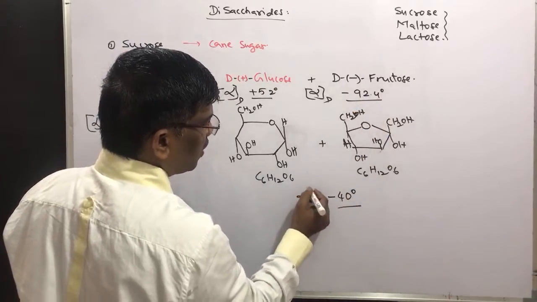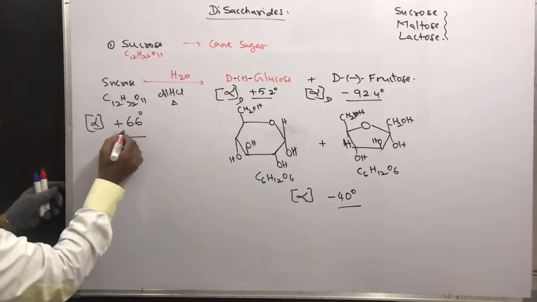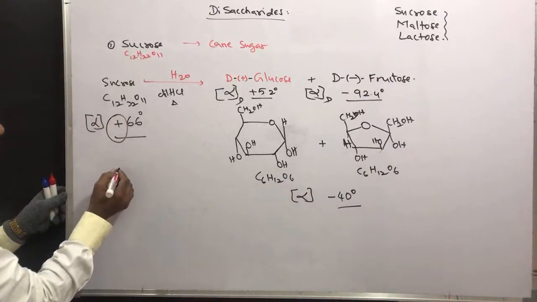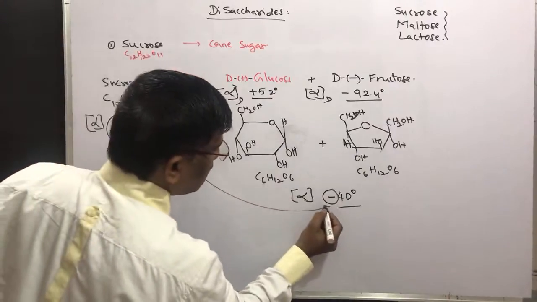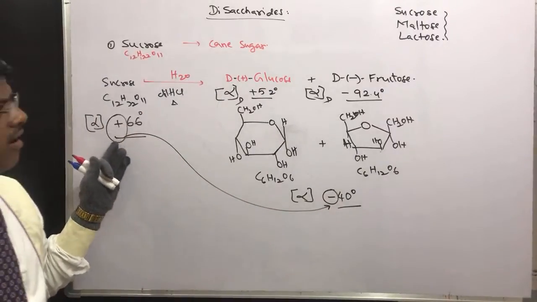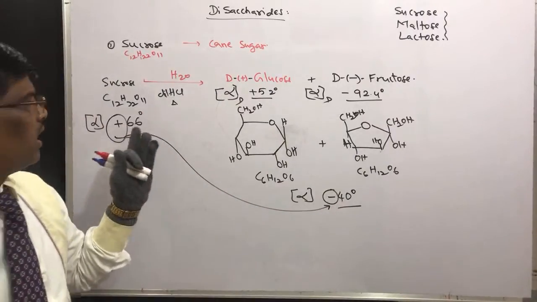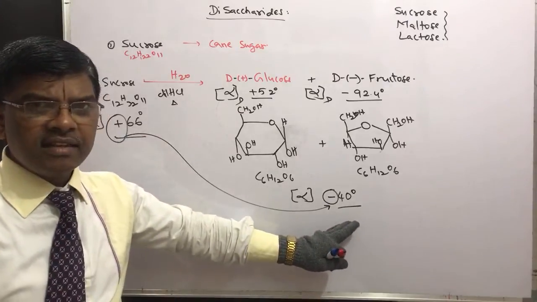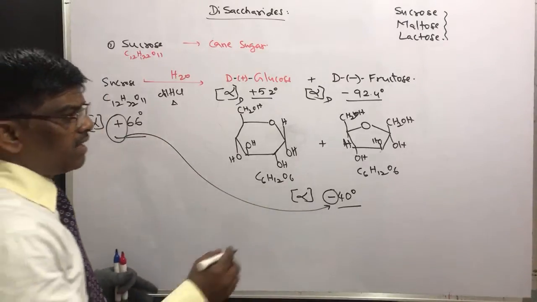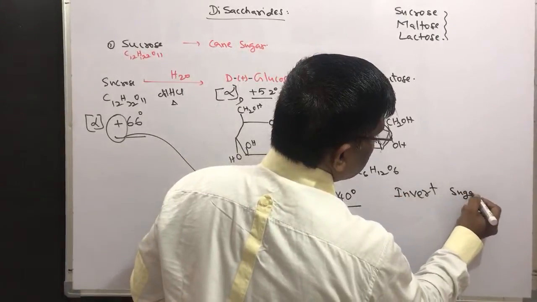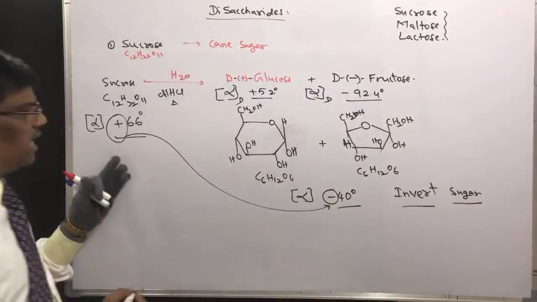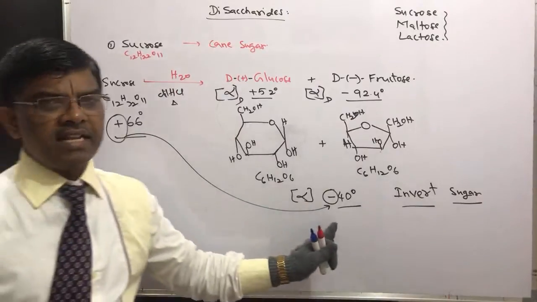So the alpha rotation is changing or converting during the hydrolysis from plus sign to minus sign. So it is also known as invert sugar because the optical rotation is inverting from plus sign to minus sign.